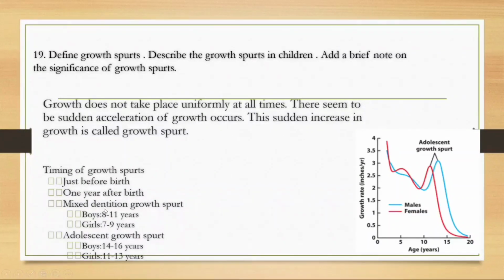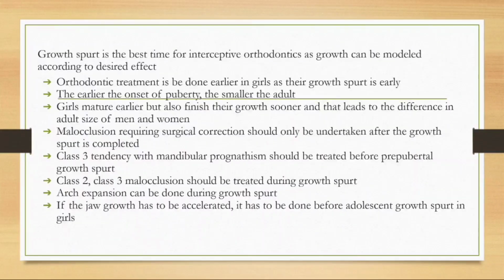For mixed dentition time, the boys' growth curve will be in an exponential phase at around 8 to 11 years, and girls 7 to 9, and even for adolescents exponential growth is seen at 14 to 16 years for boys and 11 to 13 years for girls. That is known as growth spurt, the sudden exponential accelerated growth compared to other time periods.